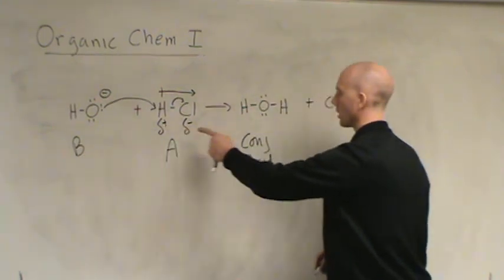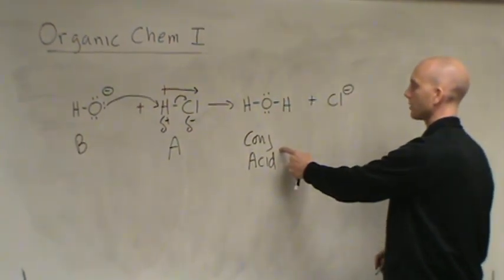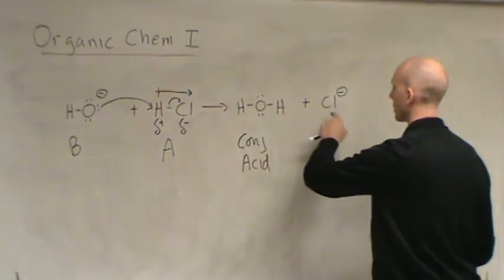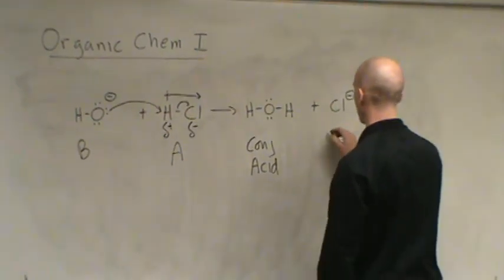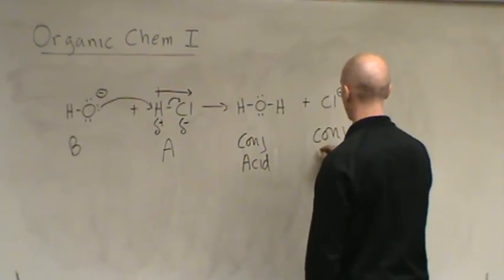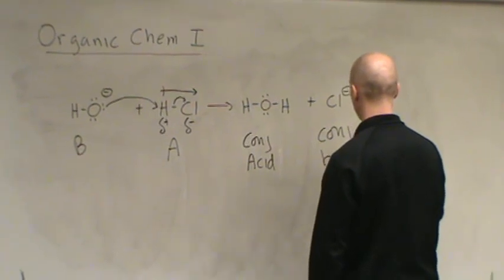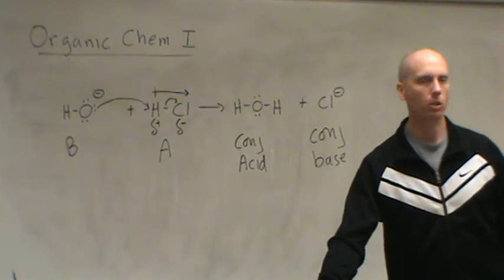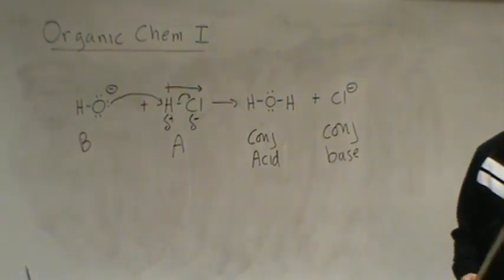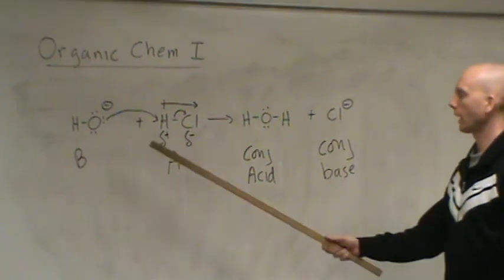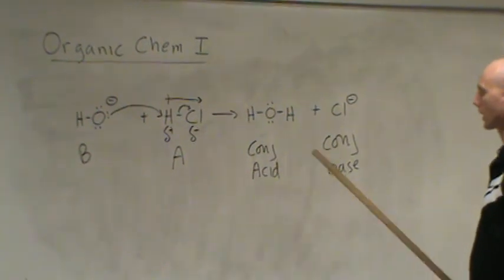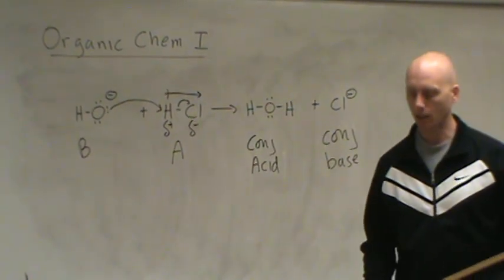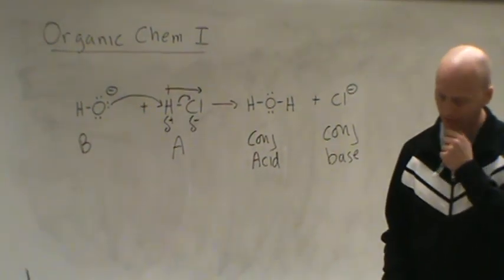So the base always gives the conjugate acid, and the acid always gives this, which is what? The conjugate base. Okay? So you want to make sure that you can label acid and bases and conjugate acids and conjugate bases. Okay?